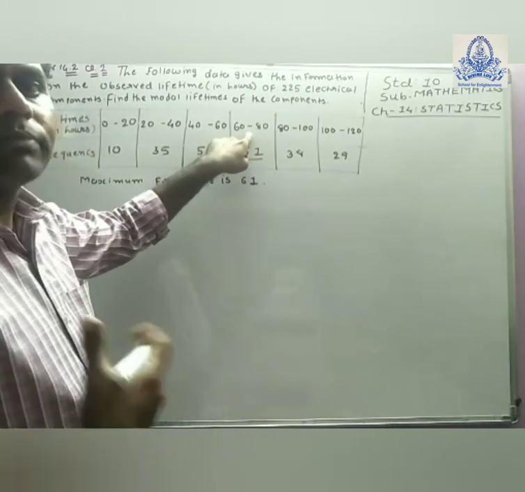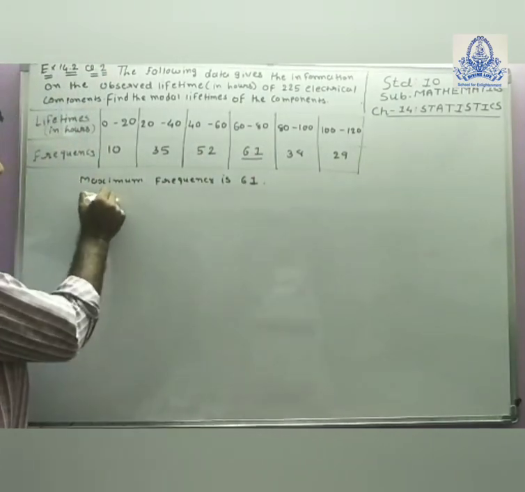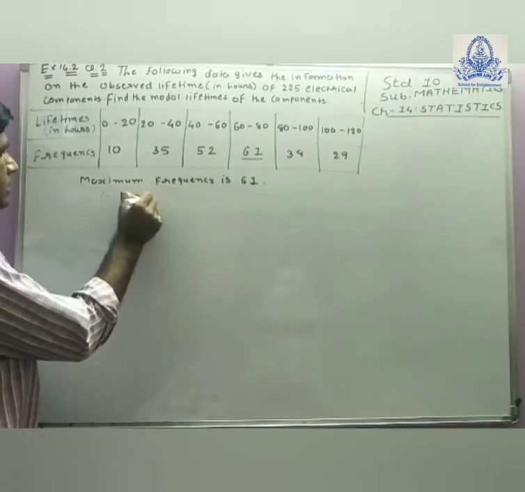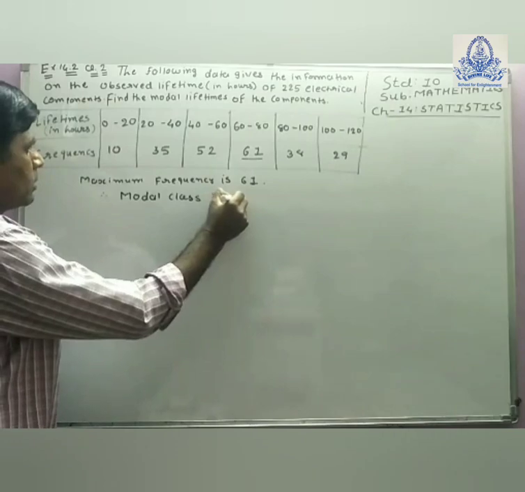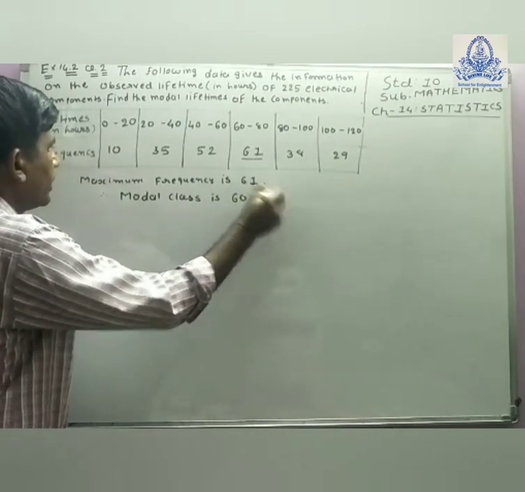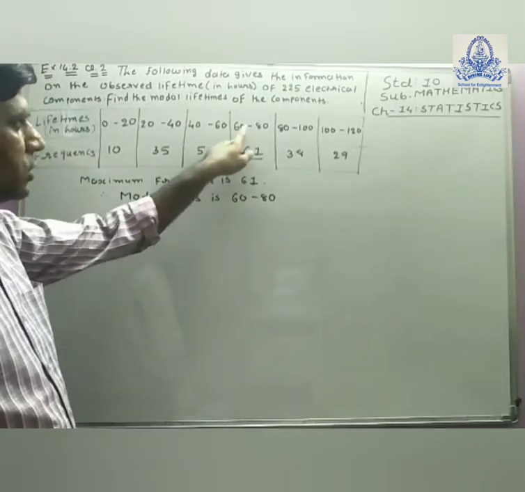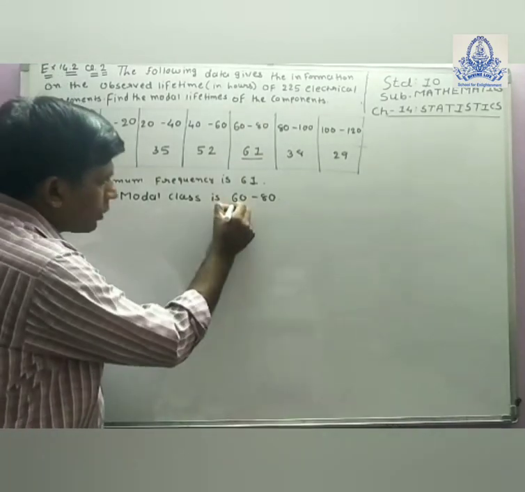So this class becomes the modal class. Therefore, the modal class is 60 to 80.